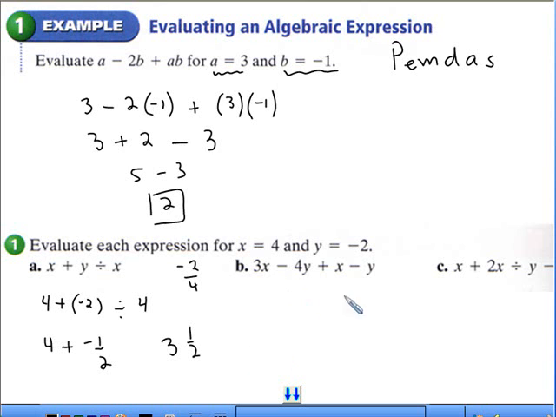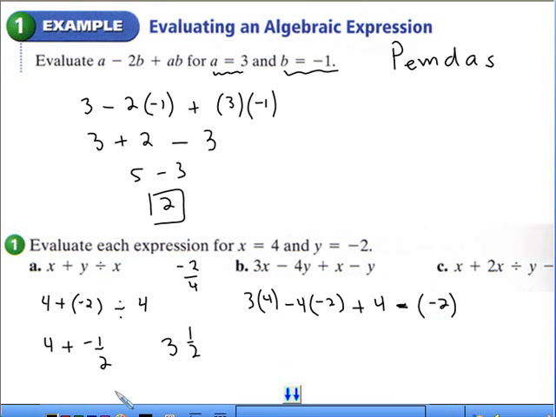Over here, we're going to get 3 times 4 minus 4 times negative 2 plus 4 minus parentheses, negative 2. Now this is a common mistake I see a lot. Right here in the problem we have minus y, so this minus is part of the problem, and then since y is negative 2, we have another minus, so we have double minuses here, which eventually is going to become positive.